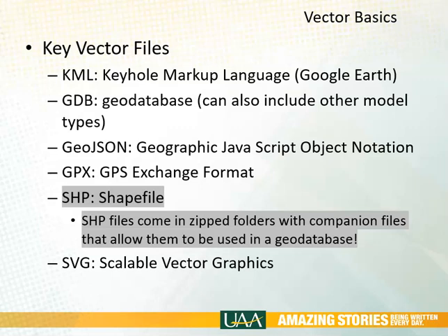And they include points, lines, and polygons that are all included in files that also include attribute data packed in with them as well. It's really important to note that a shapefile always comes in a zipped folder with a bunch of other files in it that allow it to be used properly in a geodatabase and to be projected into a map as well.